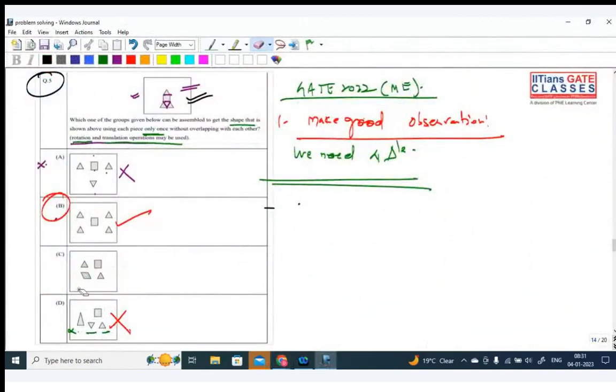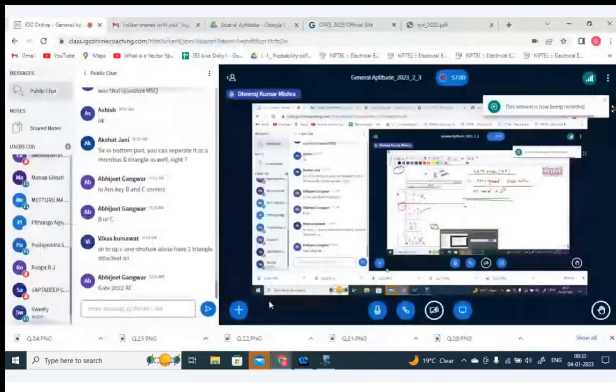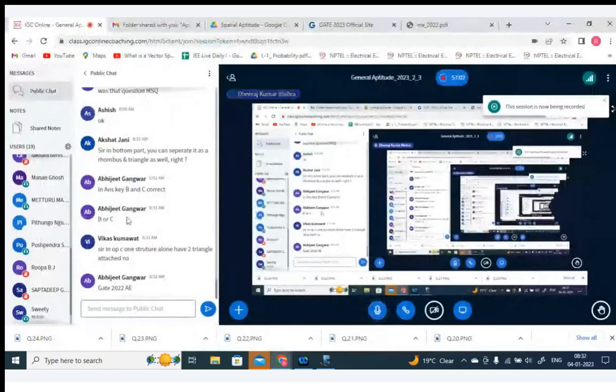Okay, perfect. So this can be the correct answer because we can check this figure also, right? So in this figure, you can have the four triangles, right? So if you join this, right? So you can have one triangle is this, one triangle is this, okay? And great. Okay. Vikas is correct. B or C. Yes. Abjeet is also correct.